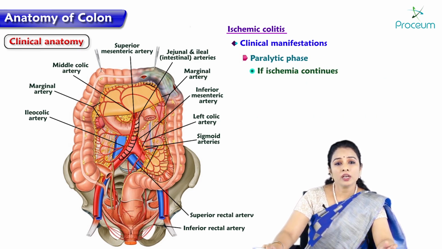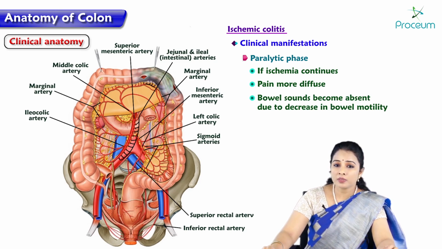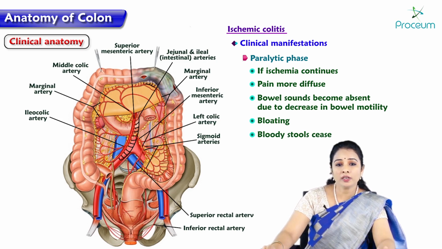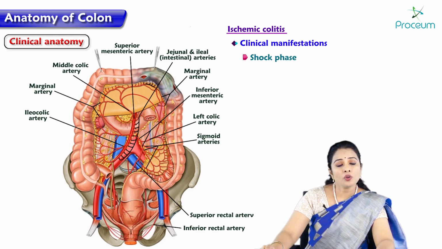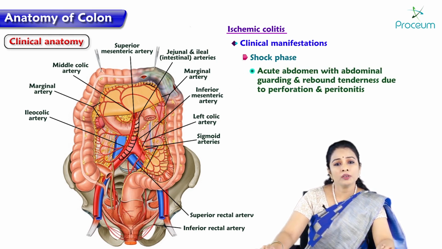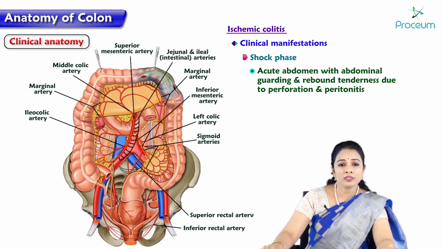If ischemia continues, the pain becomes more diffuse, bowel sounds become absent due to decreased bowel motility, there is bloating, and bloody stools cease. Next is the shock phase. Shock phase is acute abdomen with abdominal guarding and rebound tenderness due to perforation and peritonitis.